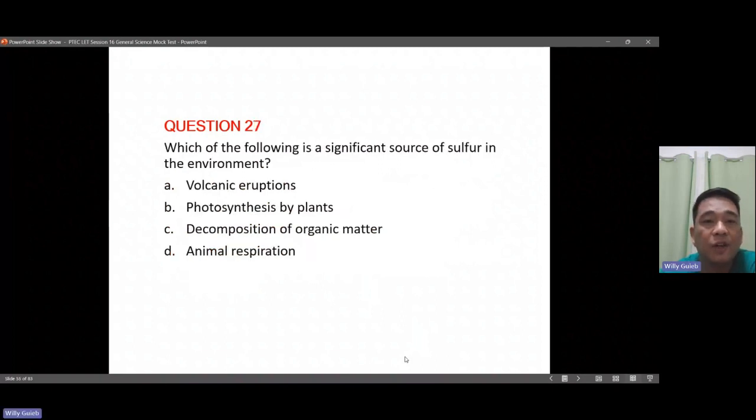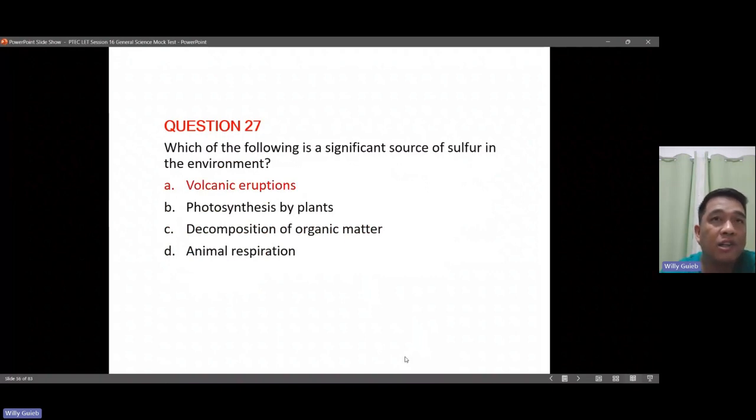27. Which of the following is a significant source of sulfur in the environment? A, volcanic eruptions. B, photosynthesis by plants. C, decomposition of organic matter. Or D, animal respiration. Ang karamihan ng sulfur na nakikita natin sa ngayon ay ang primary source po niyan ay volcanic eruptions.